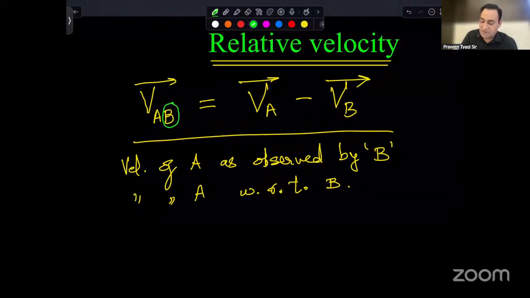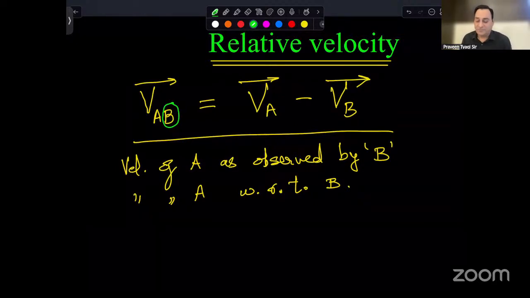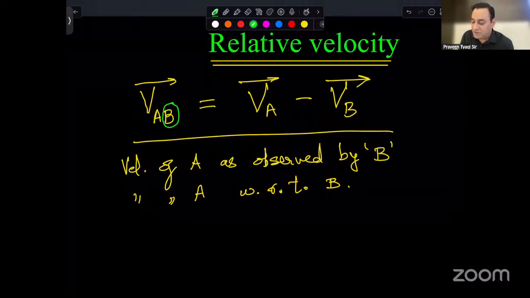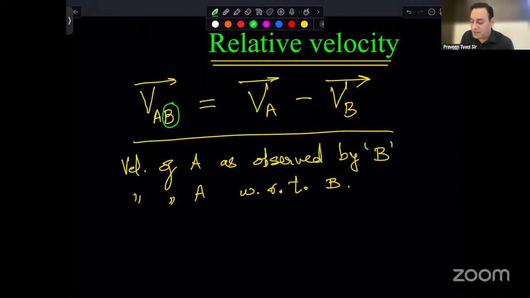And when I write VAB, that means velocity of A as observed by B or with respect to B. When I'm not mentioning anything here, VA and VB are velocities of A and B relative to ground.